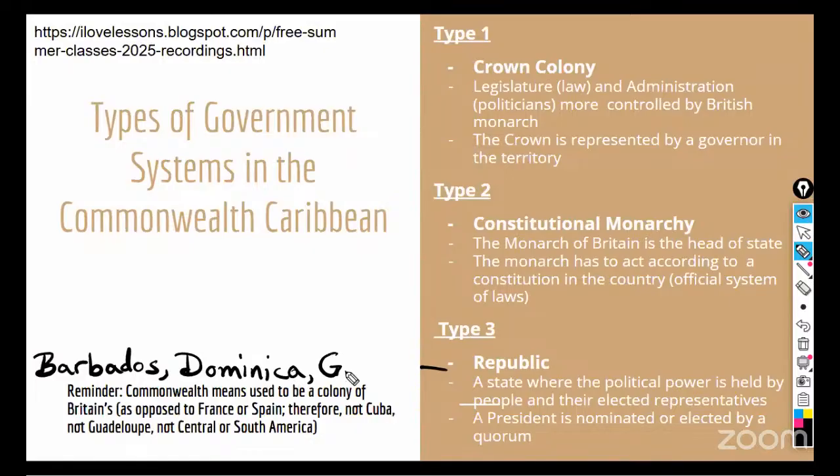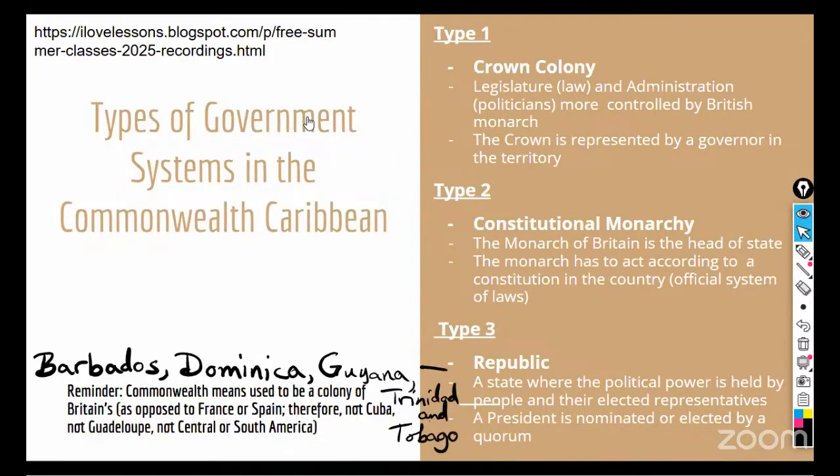Guyana is a republic, and Trinidad and Tobago. All right, so make sure we write these down. Not Jamaica. Jamaica is a constitutional monarchy.